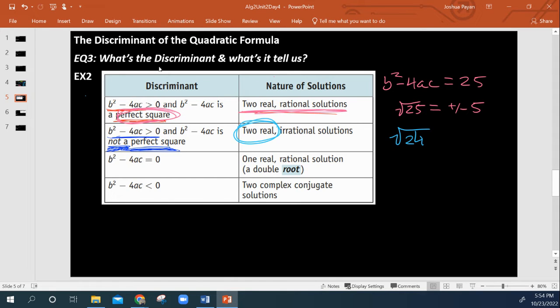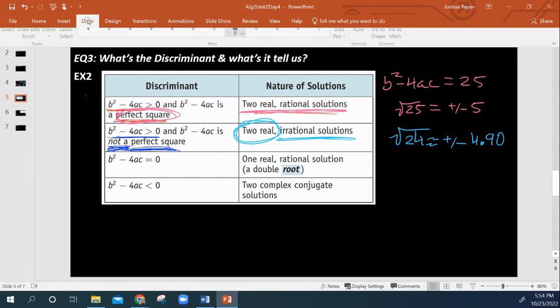But we're still going to have two real solutions. They're just going to be irrational. So here we would end up with plus or minus whatever the square root of 24 is. It's going to be 4 point something. It's about 4.90, so plus or minus 4.90. All we can do is get decimal estimates of that.